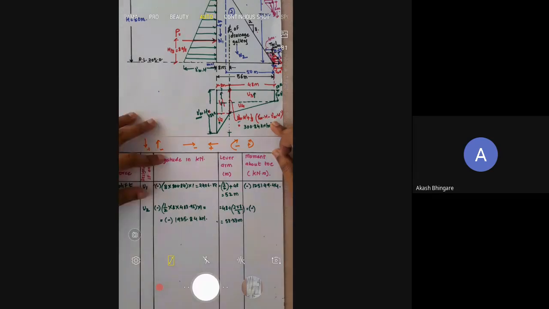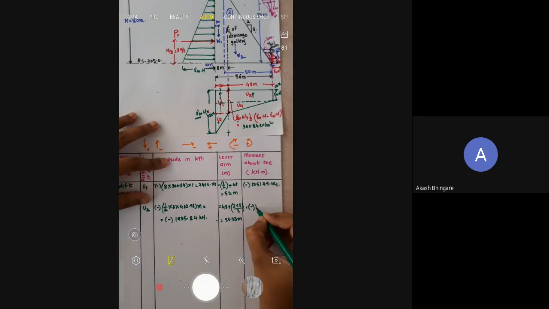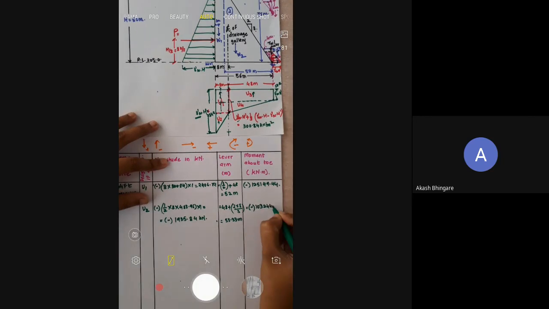Okay, 103, correct. 244.8. Romana, you just check your answer once again. 103,244.8. Yes. Others are also getting the same answer. Fine. Now the next force, that is U3.